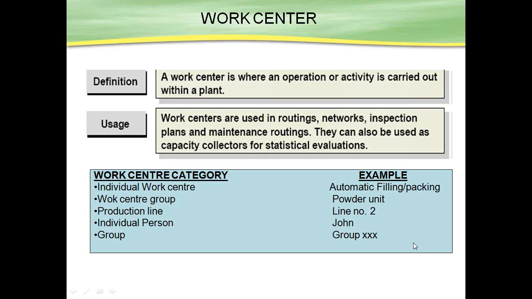Third is a production line. I will take the example of bike manufacturing. Bike manufacturing starts from point 1 until the end at point 20. So this total production line will be considered as a single work center because my product will be finished after certain stages. Then group or a person.